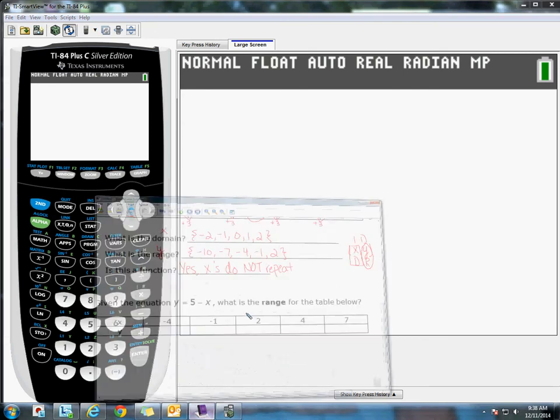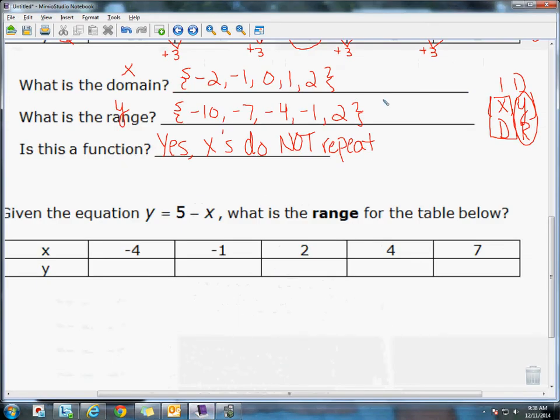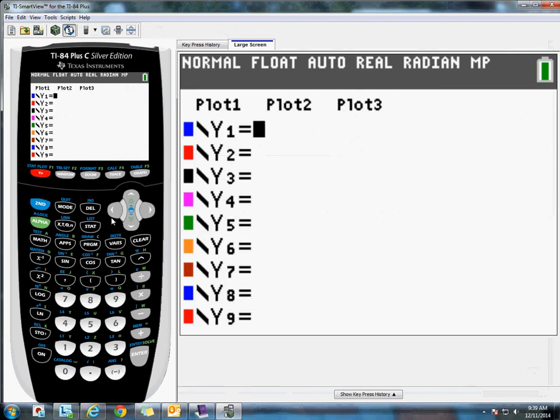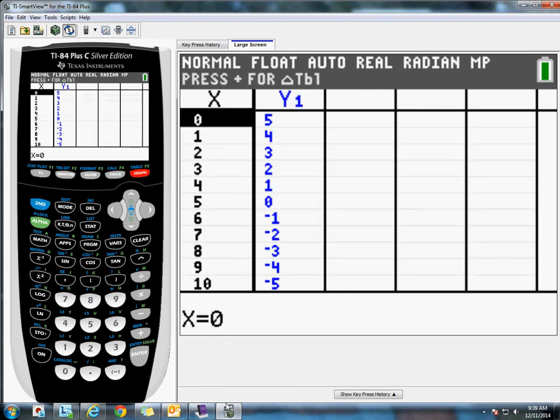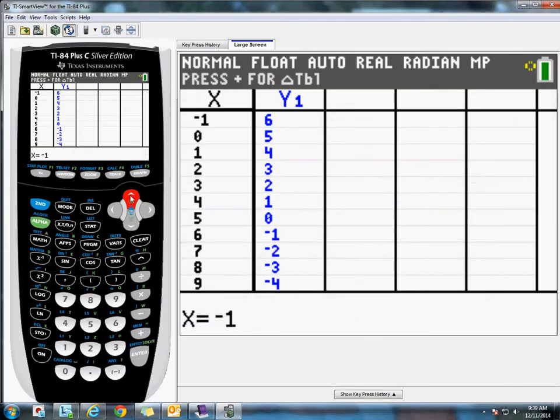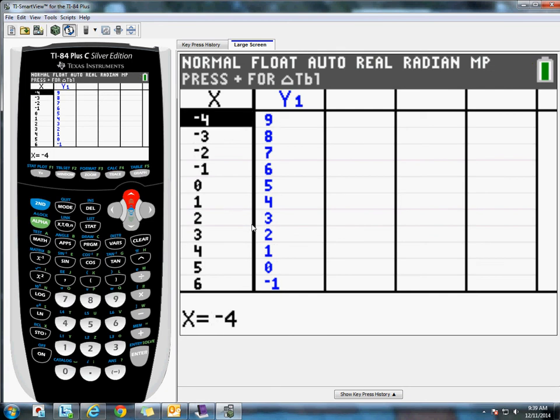When we have our equation, which was y equals 5 minus x, we can put that in y equals 5 minus x. We can look at our table, and the range are our y values, so we can just copy. When x is -4, my y is 9.